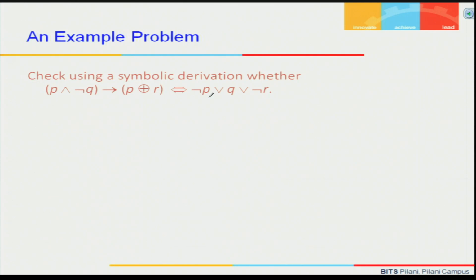What I mean is, if you have two compound propositions P and Q, to prove that these two are equivalent, for different combinations of values that P and Q assume, if I am able to prove that P if and only if Q is a tautology, that means this compound statement always takes true as its truth value, then I say P and Q are logically equivalent.